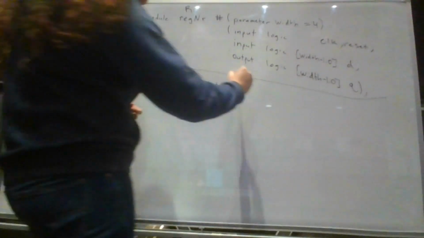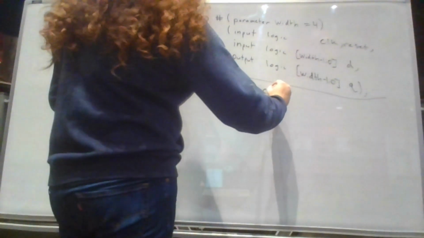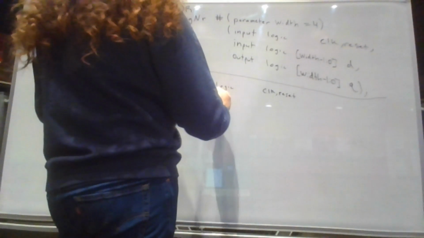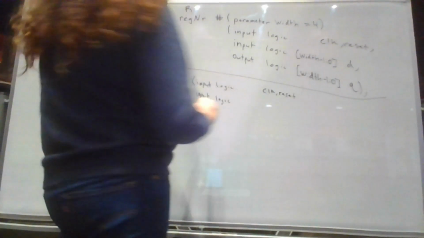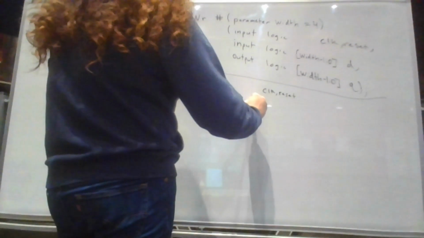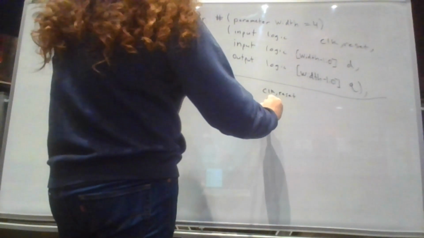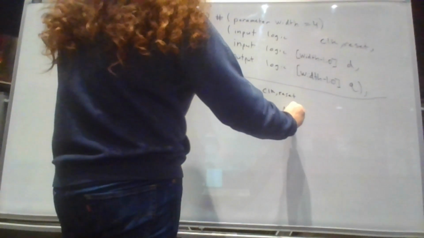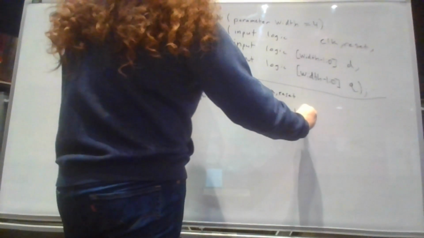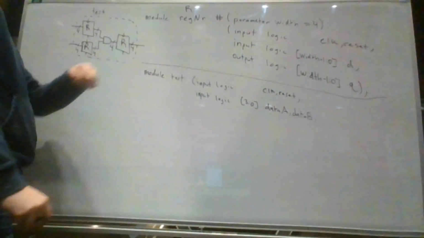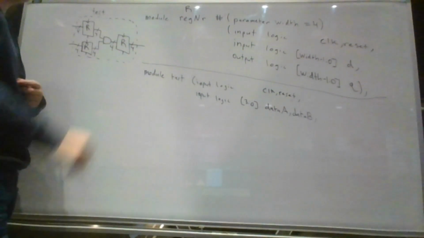First I have clock and reset. And then I have some data inputs, so I'll call these 3 to 0. Call this data A, I'll call this data B. And then we have an output here, which I'll call result.